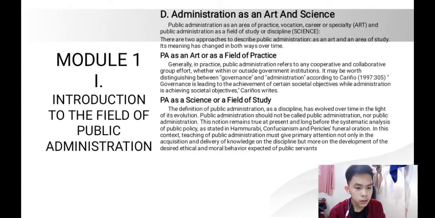This notion was true at present and long before the systematic analysis of public policies, as stated in Hammurabi, Confucianism and Pericles' funeral oration. In this context, teaching of public administration must give primary attention not only to the acquisition and delivery of knowledge on the discipline, but more on the development of the desired ethical and moral behavior expected in the public servant.